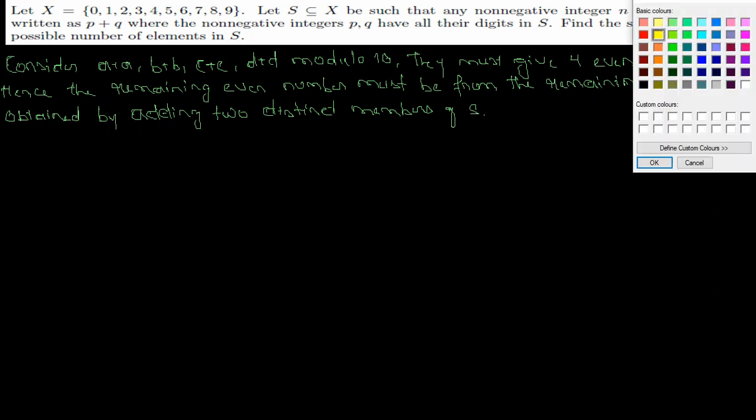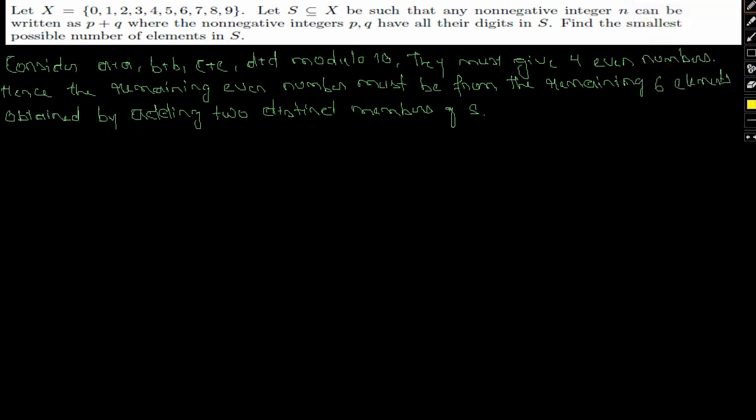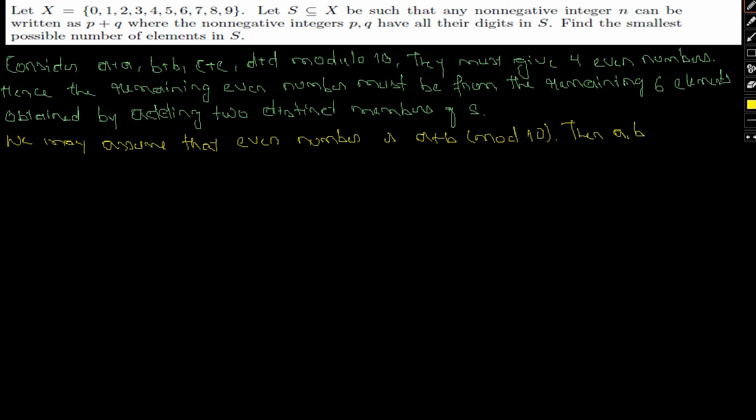Okay, so we may assume that the even number is a plus b mod 10. Then a, b must have the same parity.